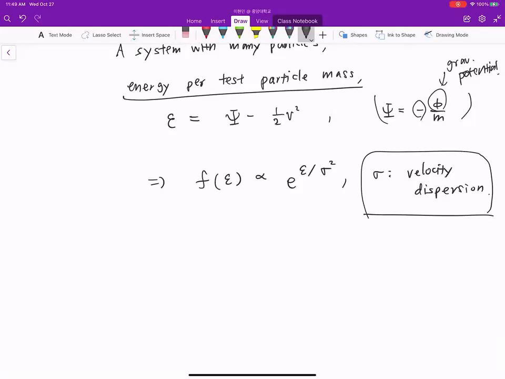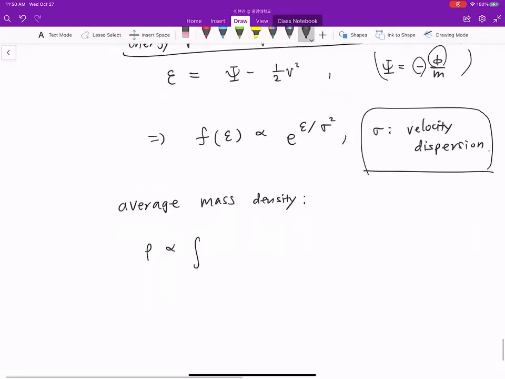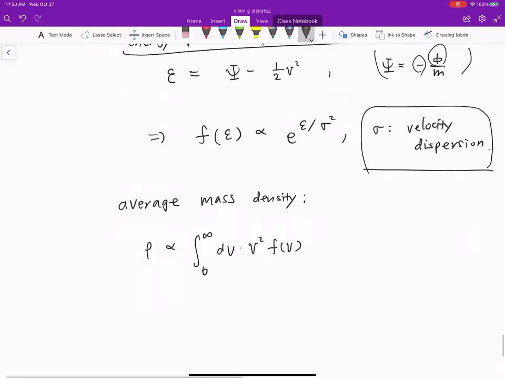From there you can infer the average mass density. The average mass density is an integral over the velocity, and this integral is the exponential of the potential divided by v squared over 2 sigma squared.